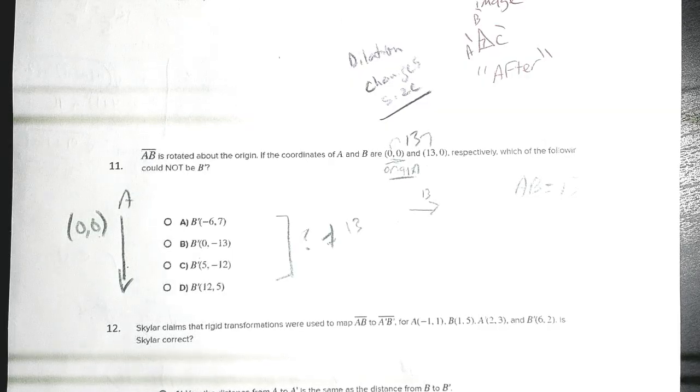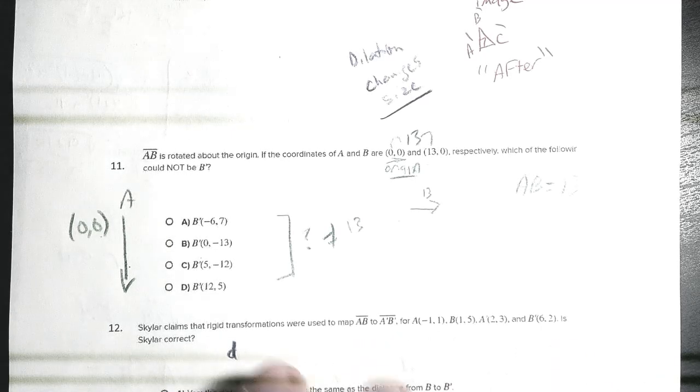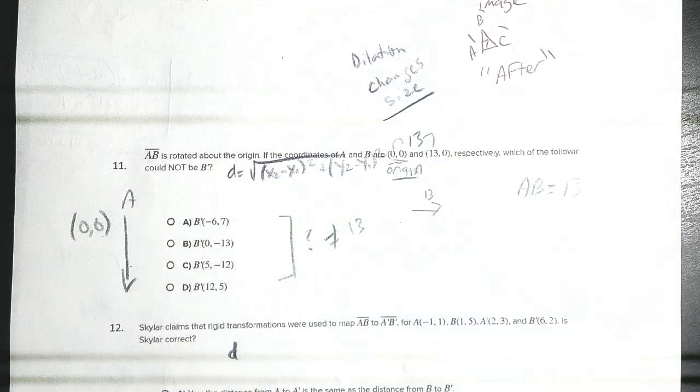So our formula, the distance formula. Sorry, I'm looking in the wrong spot. The distance formula is x sub 2 minus x sub 1, squared, plus y sub 2 minus y sub 1, squared. So your x1, y1 is 0.